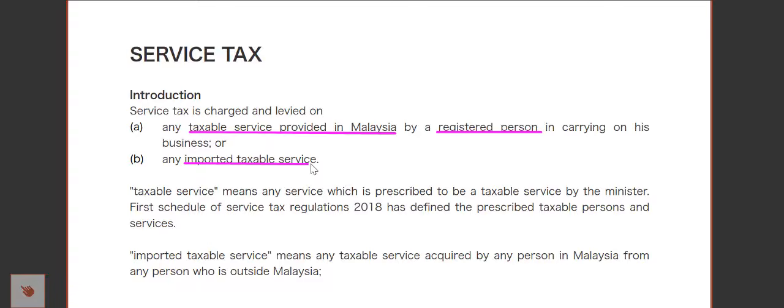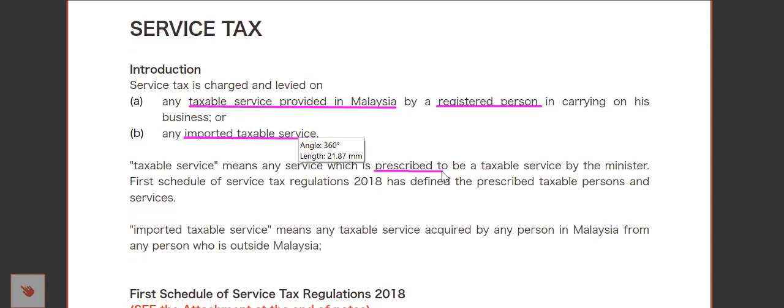Now, to be taxable, they must be prescribed and it will be listed in the first schedule of the service tax regulation. So that's where the regulation will define for us what are the prescribed taxable person or prescribed taxable service. Whereas imported taxable services are those taxable services that we import or we acquire from outside.